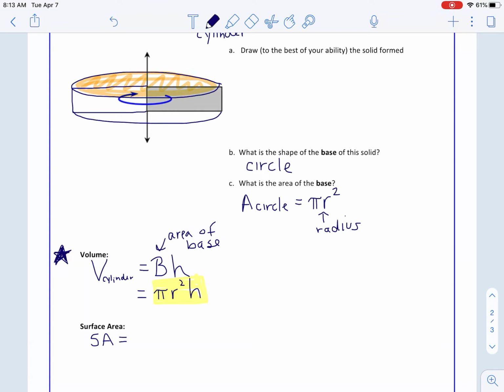So the surface area is, well, I can find the area of the two bases. So it's 2, because there's two bases.